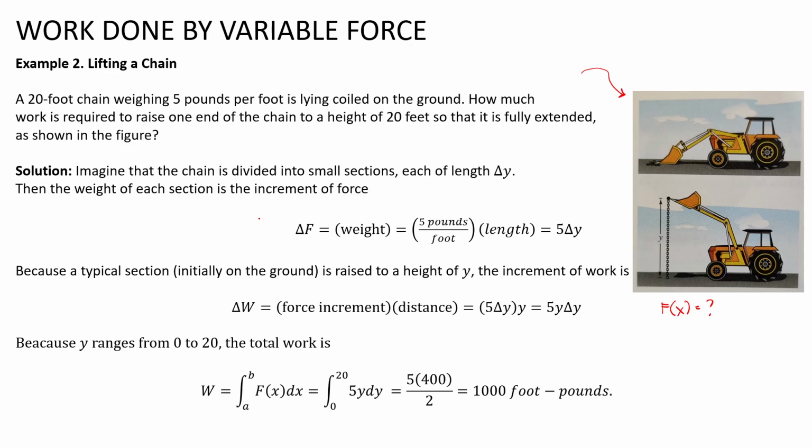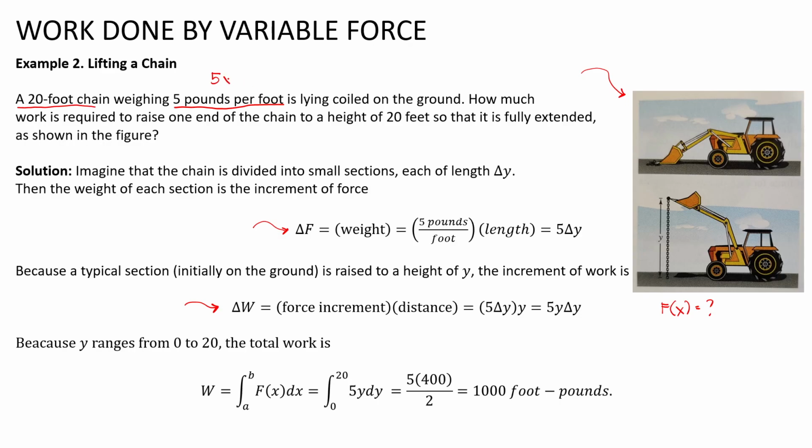You may be confused on how I establish my equations here. But to make this simple, coming from the 20-foot chain weighing 5 pounds per foot, 5 pounds per foot is already my force, because this is 5 pounds, the weight, and then times the distance per foot.